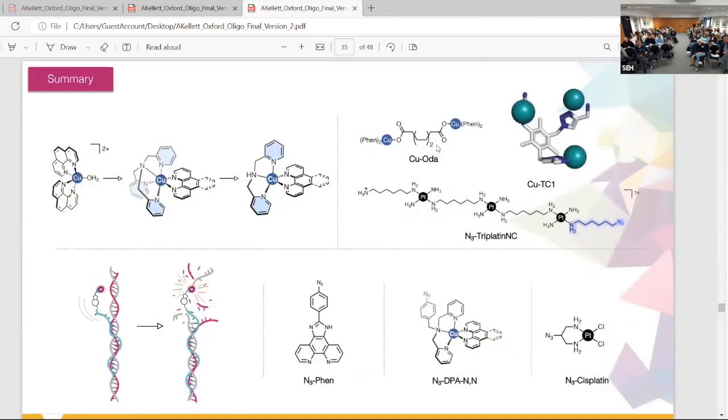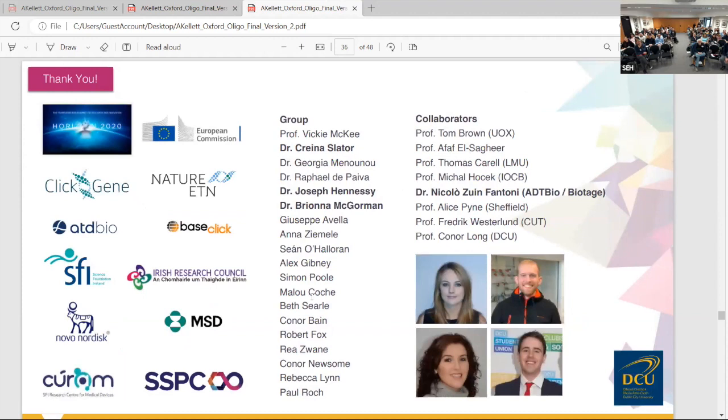So hopefully I've shown you some of the work that we've done in terms of enhancing oxidative DNA damaging agents by developing new scaffolds. Polynuclear compounds have advantages, and we can also target these towards triplex forming oligonucleotides.